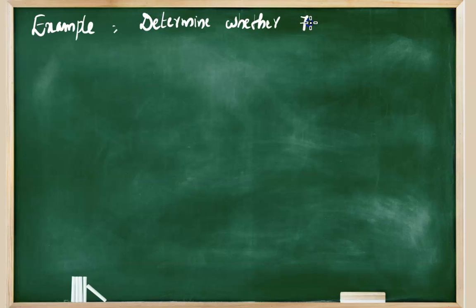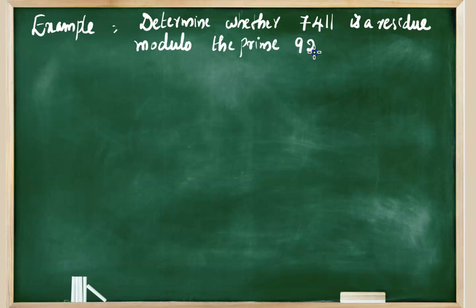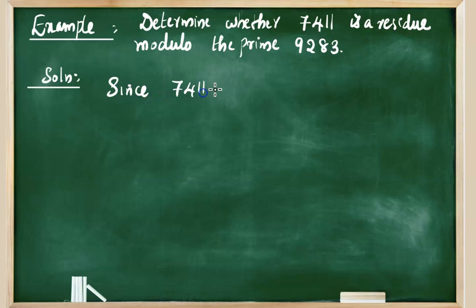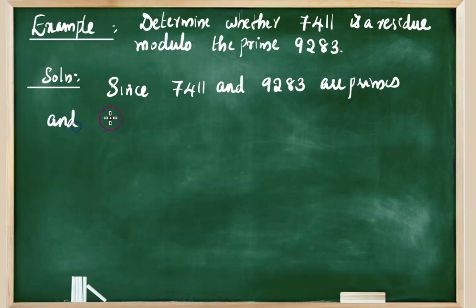Determine whether the number 7411 is a residue modulo the prime 9283. Since these two numbers 7411 and 9283 are primes, and we can observe that 7411 when considered modulo 4, that is when we divide this number 7411 by 4, we will get a remainder 3.